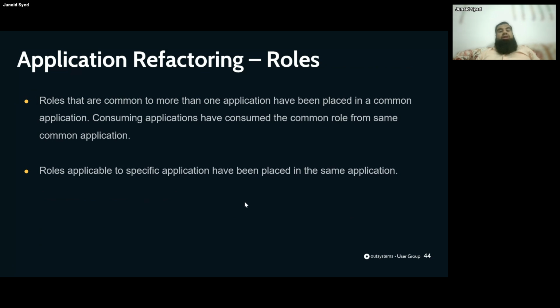So this was another area where we improved: we kept the business, module or application specific roles in the application itself, and did not put them in a common application or a horizontal domain mapped application. This was another improvement that we did.